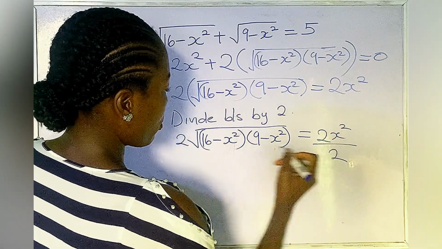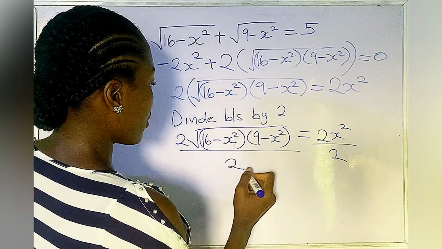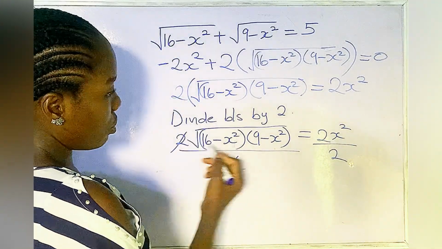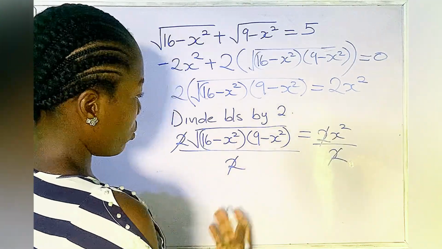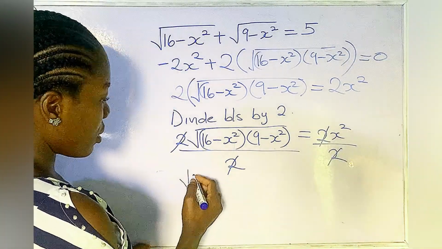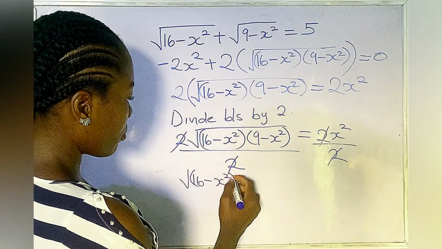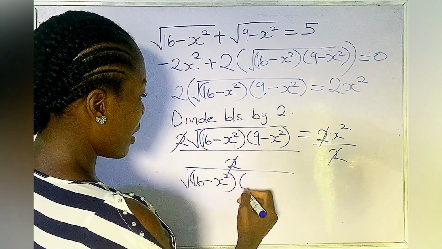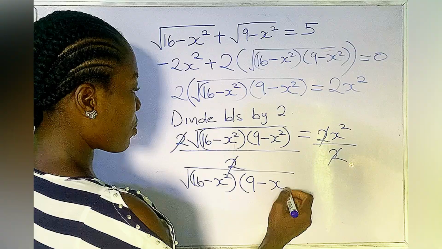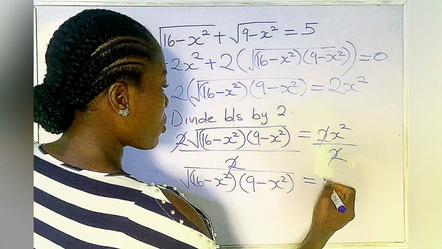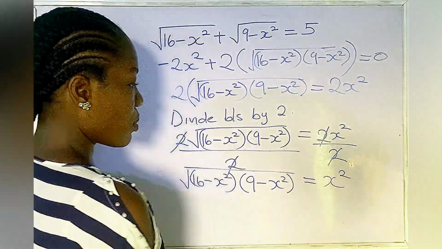Divide here by 2 and divide here by 2, so the 2s cancel. So we have that root of (16 minus x squared)(9 minus x squared) is equal to x squared.